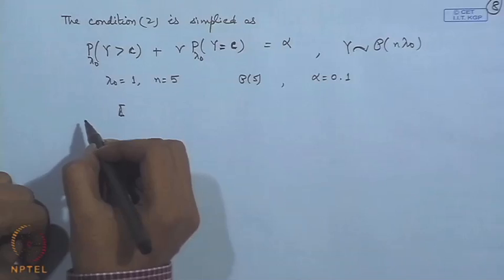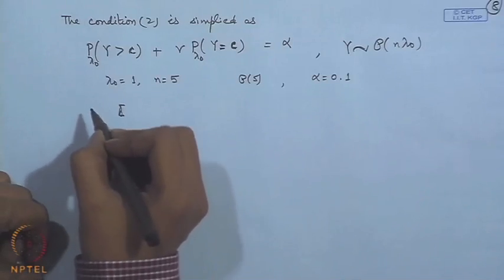I will consider this derivation of the tests in the following lecture. Let me further develop this theory of the UMP tests here. So, let us consider a one parameter exponential family.